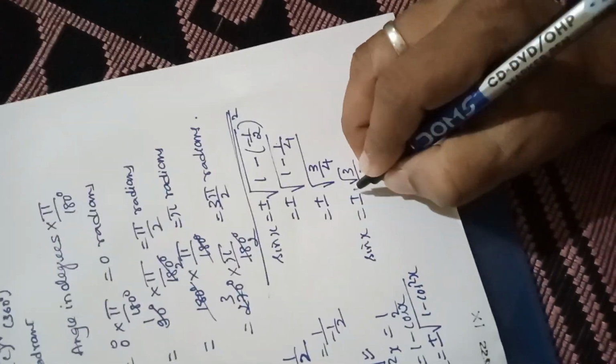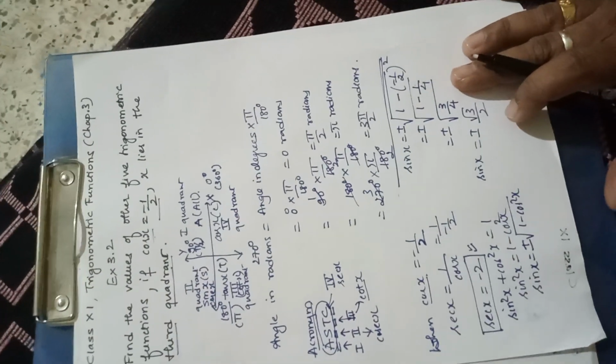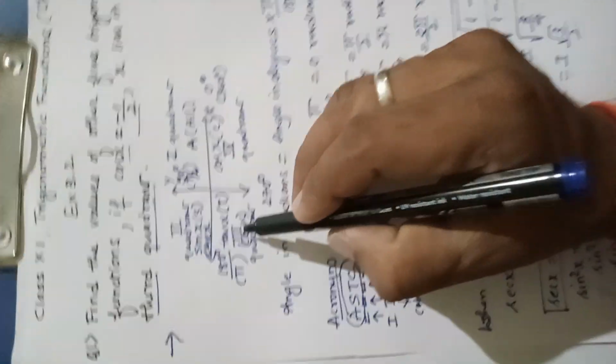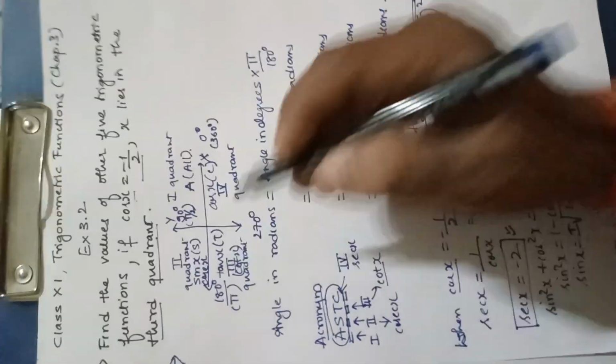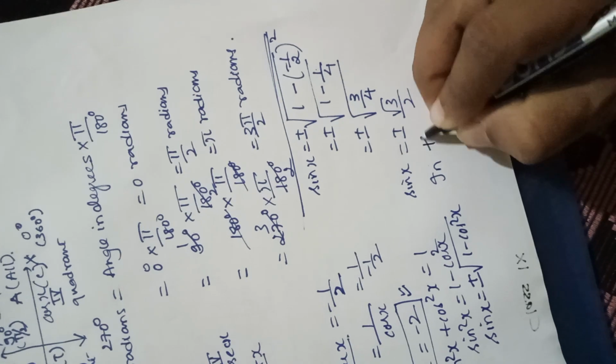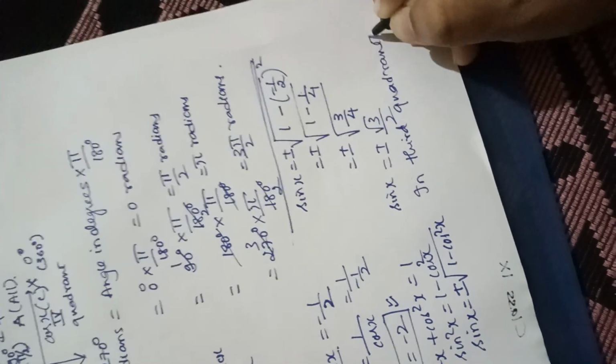Now is it plus or minus? For that we need to look at the quadrant in which the cos value is given. Cos x is minus 1 by 2 in the third quadrant, and in the third quadrant except tan and cot, all the other trigonometric ratios are negative. So what about sin x?